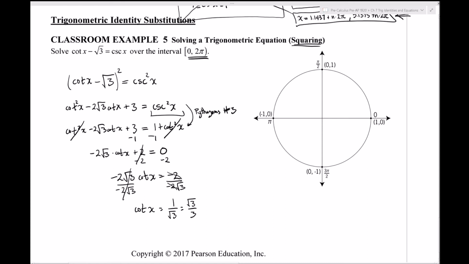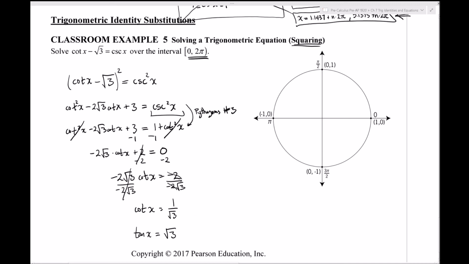So then we have to find out what angles make this expression true. Okay, so cotangent is square root of 3 over 3. I can ignore the square root of 3 over 3 and just change that to tangent x is equal to square root of 3. So I'm going to erase this, and I didn't need that.